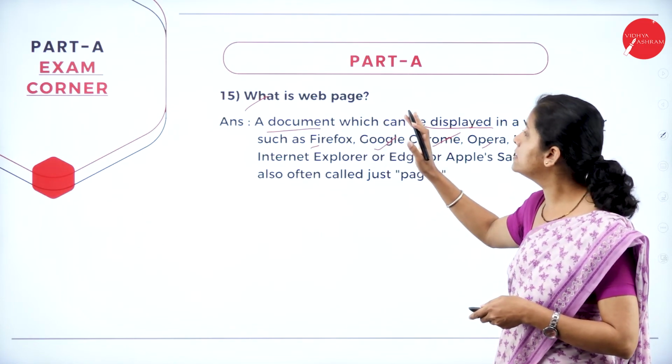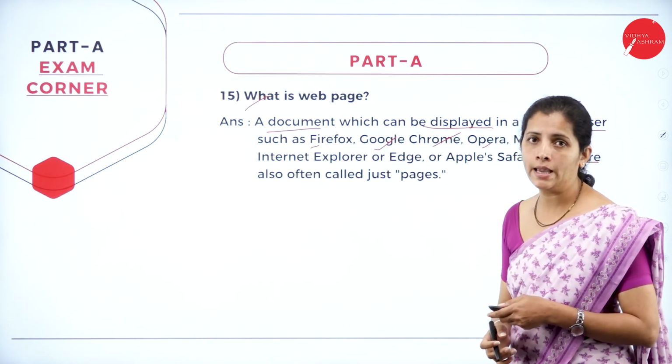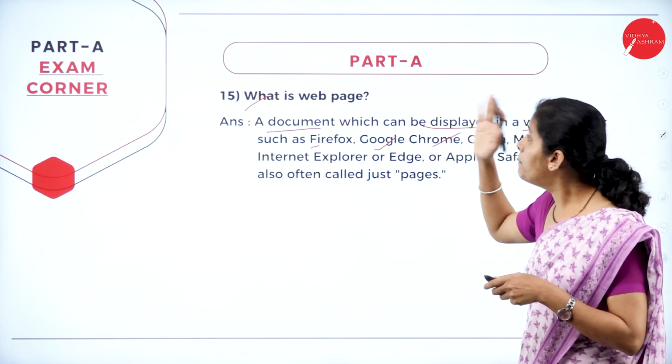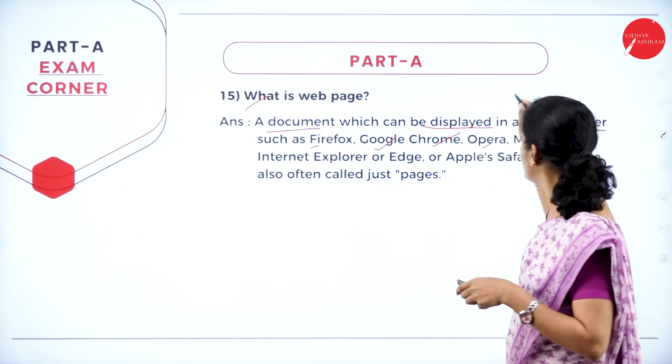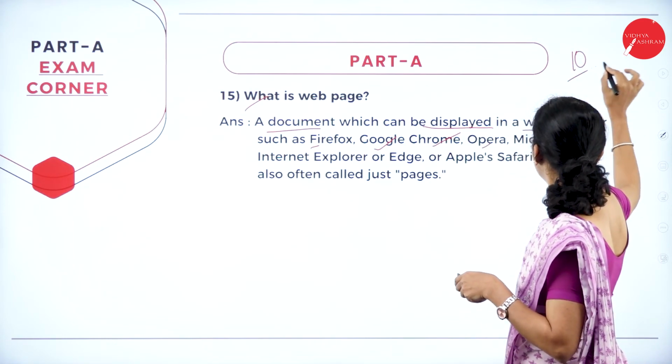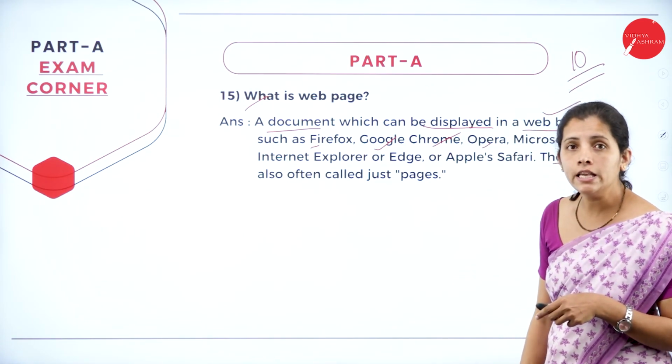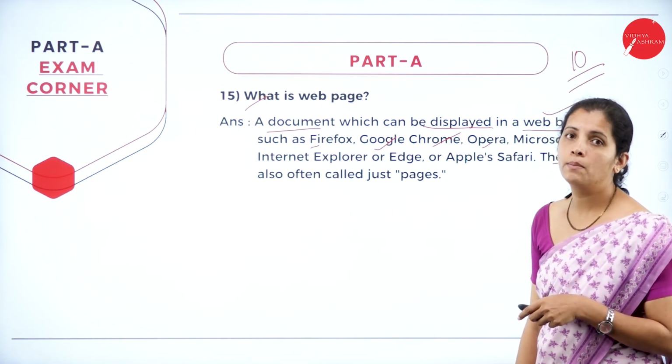So, dear student, this is all about part A. I repeat, under part A, I'm going to get 15 questions. Out of 15, I want to answer any time, and each question carries 1 mark.